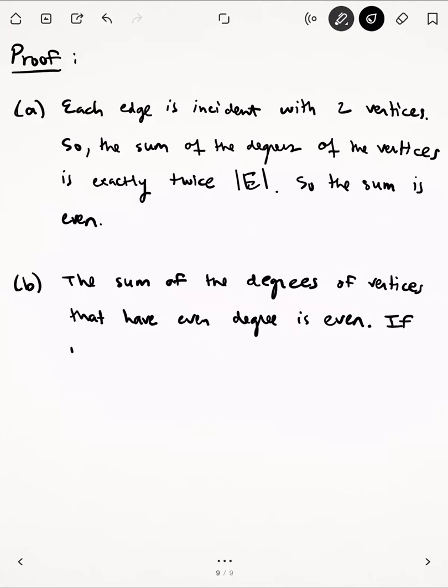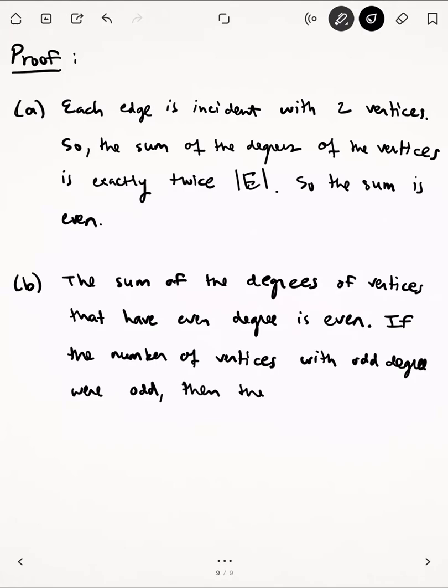If the number of vertices with odd degree were odd, then the sum of the degrees would be odd.